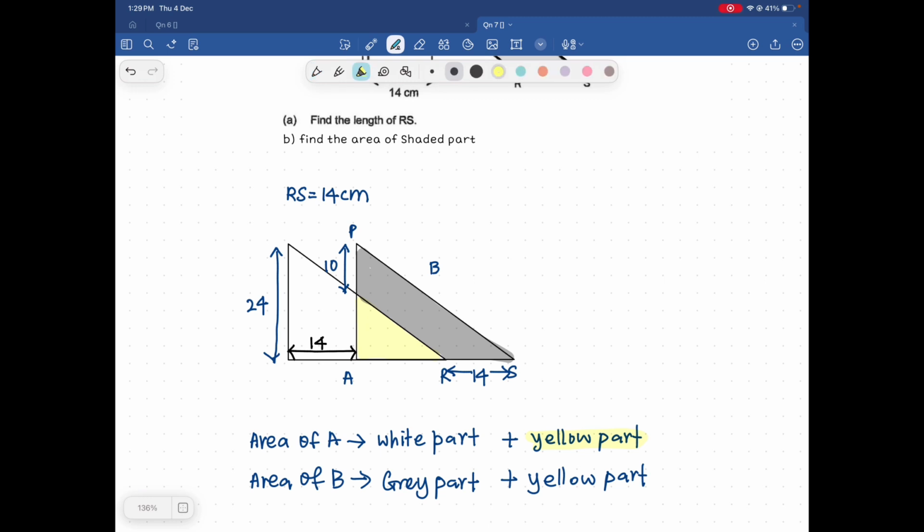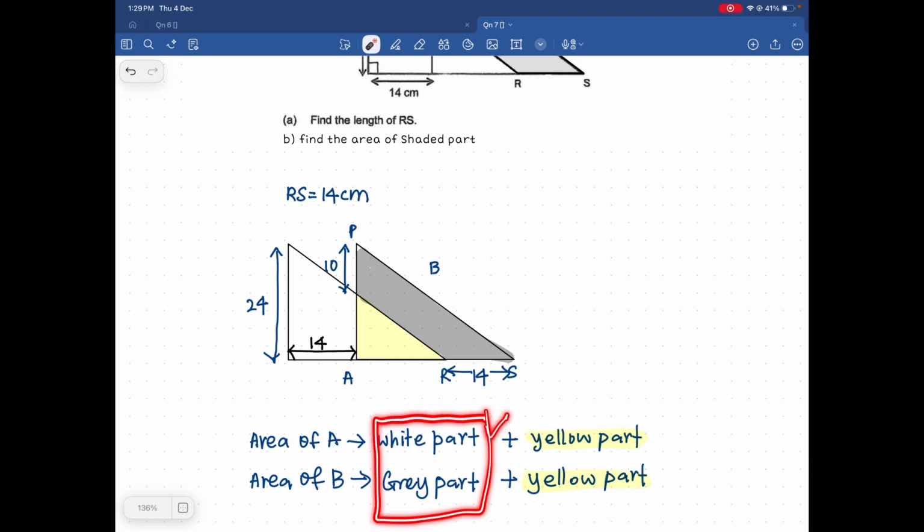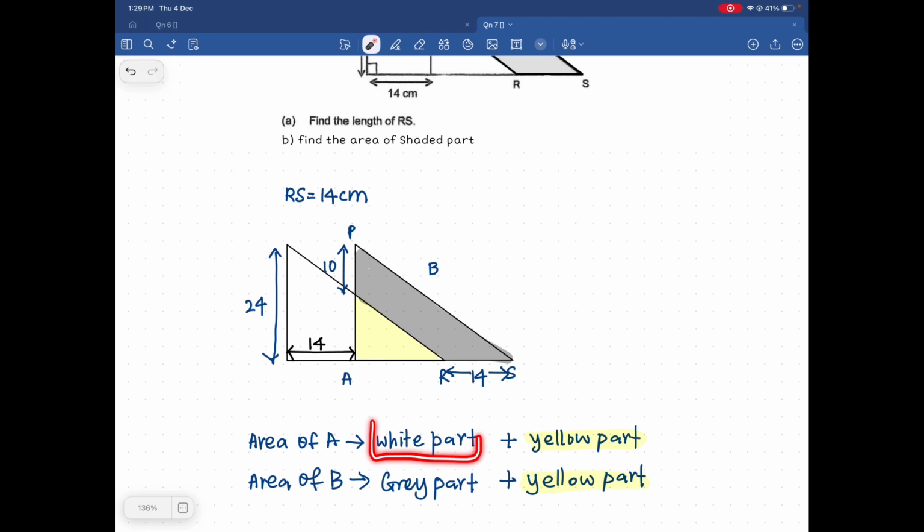And both the yellow parts are identical because they overlap. So in other words, the white part and the grey part are exactly the same, even though they look completely different. So the area of the white part is equal to the area of the grey part. So we just have to find the area of the white part to find the final answer.